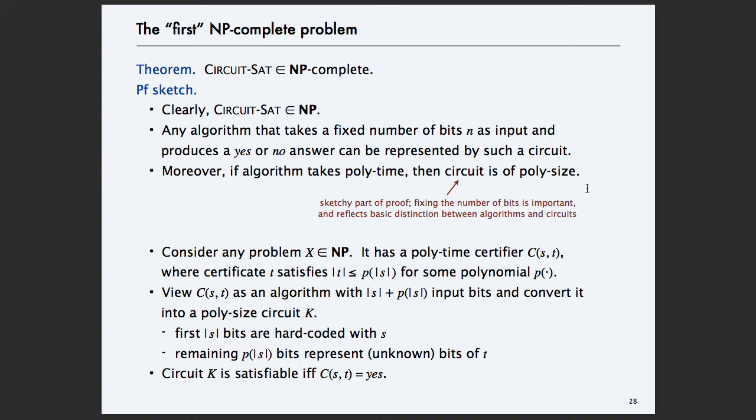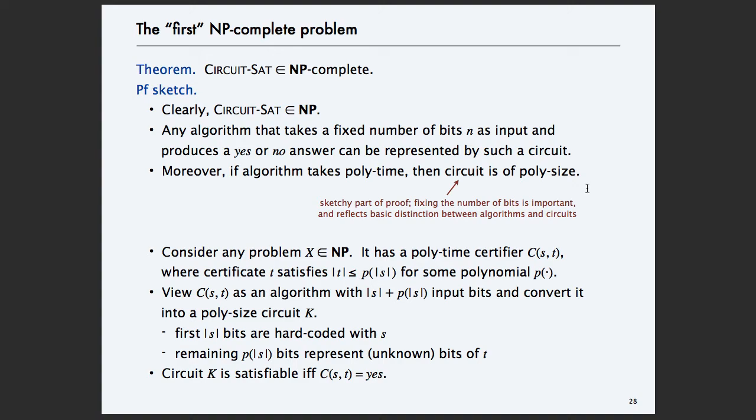If you could store the information of S and T on a circuit, that would be what this circuit would do.